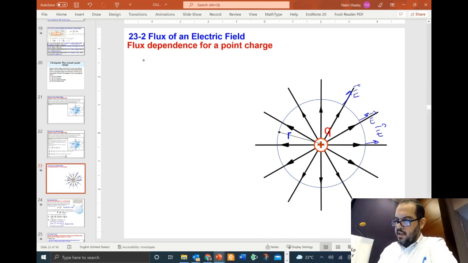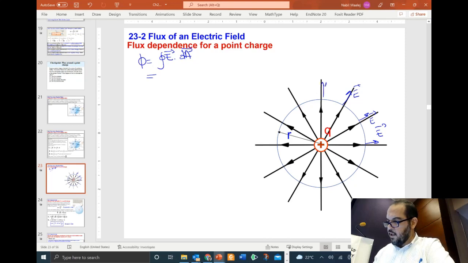All right, so let's write the flux. The flux, we said, is E dotted with A. Notice that at any location on the sphere, the area vector is perpendicular to the surface. This is the area vector here, delta A, and this is the area vector here, delta A, and so on.